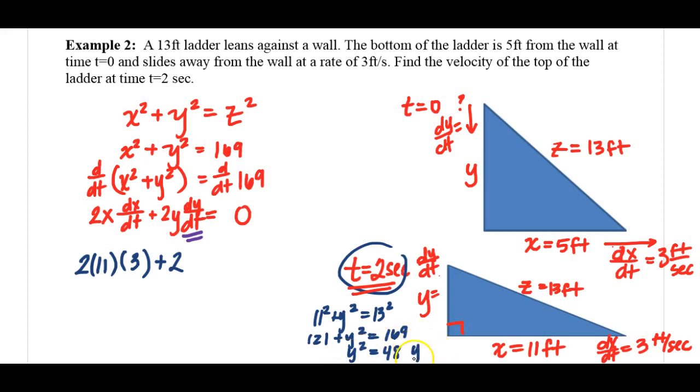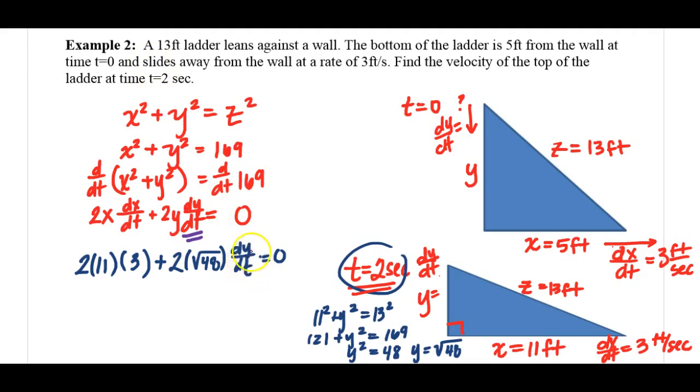So y is going to be the square root of 48. We'll go ahead and leave it for now as the square root of 48. So that's my value for y. Of course, it would be plus or minus, but I need the positive version because it's a distance. So let's plug the square root of 48 in right here for y. And then dy/dt equals 0. Oops, that's an x. That should be a t.